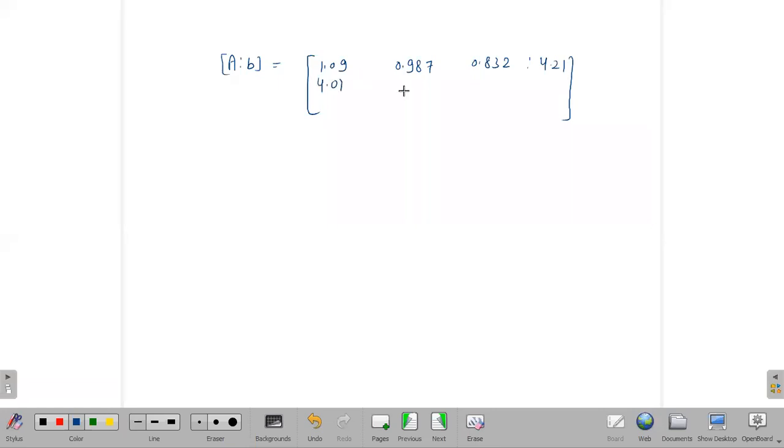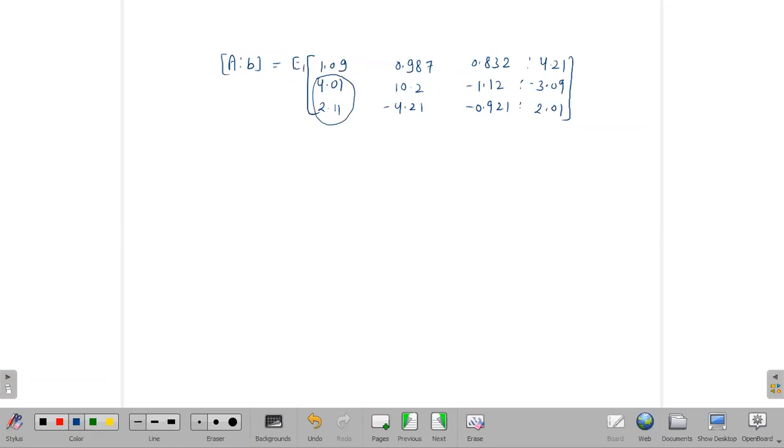The second row will be the same: 4.01, 10.2, minus 1.12, 3.09. Then 2.11, 4.21, 9.21, and 2.01.